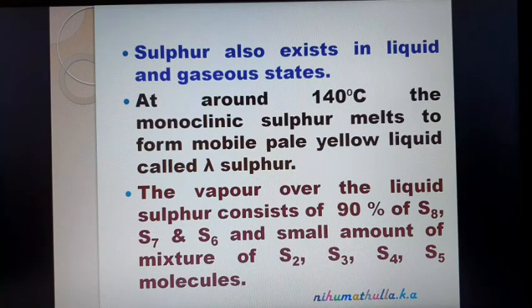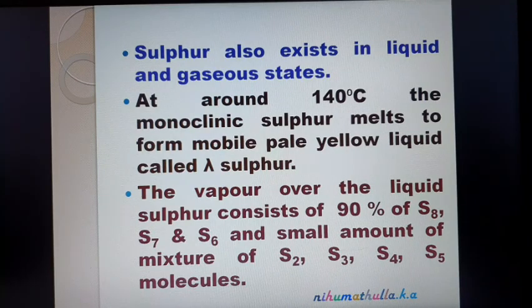So, the vapor over the liquid sulfur consists of 90% S8, S7 and S6, and a very small amount of a mixture of S2, S3, S4, S5 molecules. So, sulfur also exists in liquid and gaseous states.